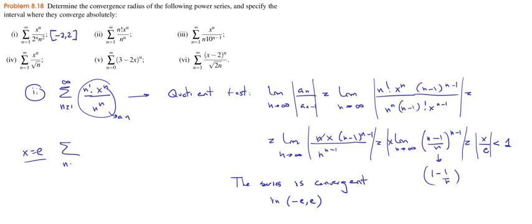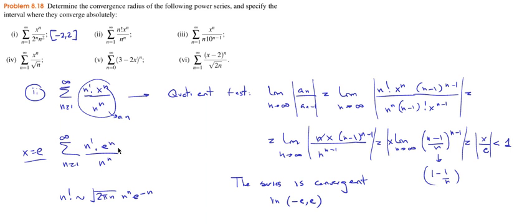We need to always check the points of the interval, the extrema of the interval. So we have e to the n divided by n to the n, times n factorial. In order to check this, we need to use Stirling's approximation for the factorial. This is, remember, square root of 2 pi n times n to the n times e to the minus n.